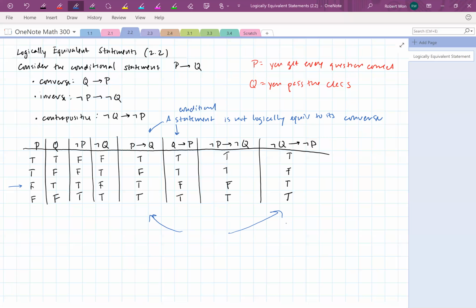In other words, a statement is logically equivalent to its contrapositive. Also, the converse and inverse are logically equivalent, but that's because the inverse is the contrapositive of the converse. And so a conditional statement is logically equivalent to its contrapositive.